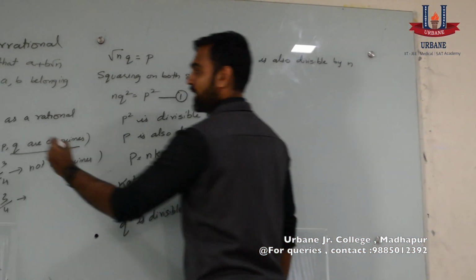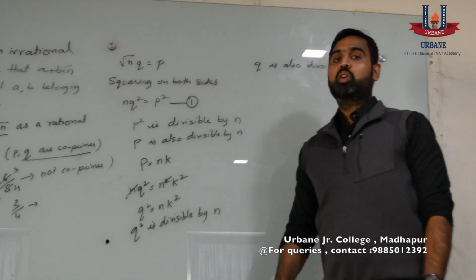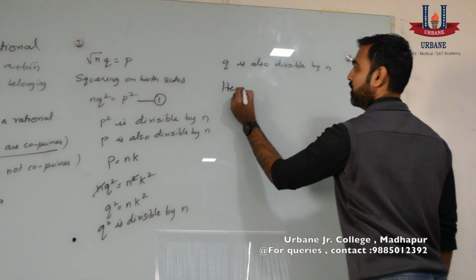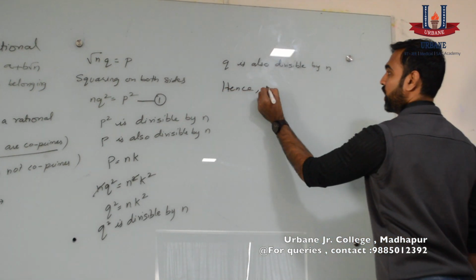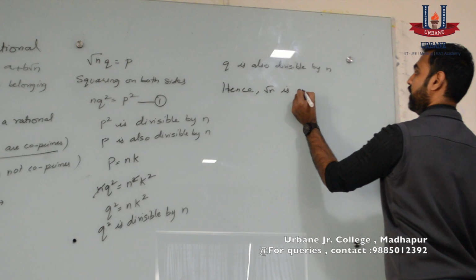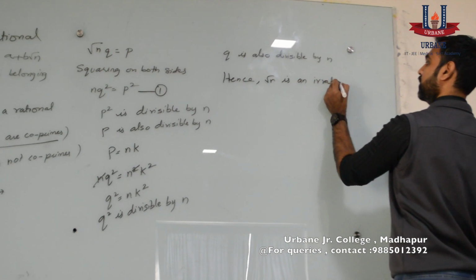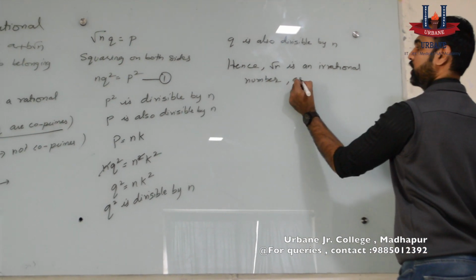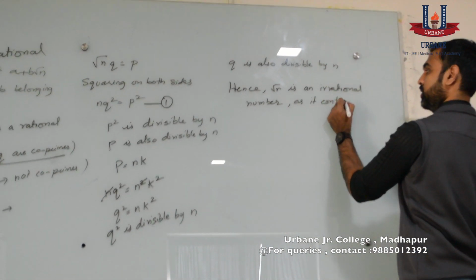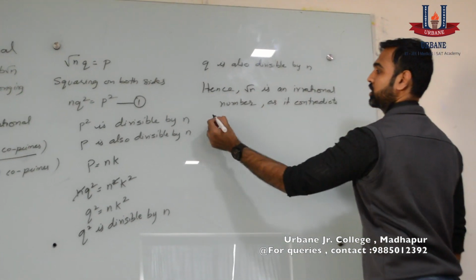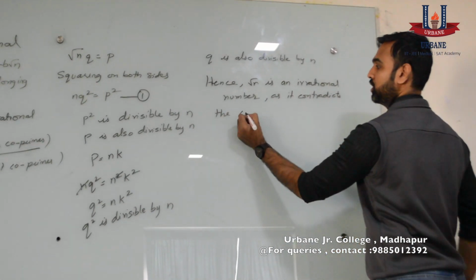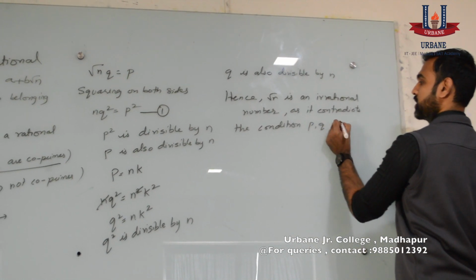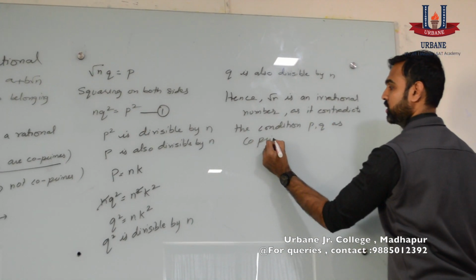So it contradicts our assumption that square root of n is a rational number. Hence, we write square root of n is an irrational number as it contradicts the condition p, q as co-primes.